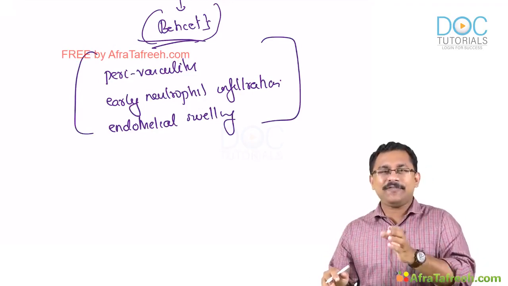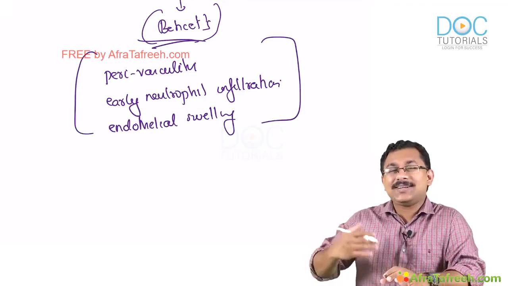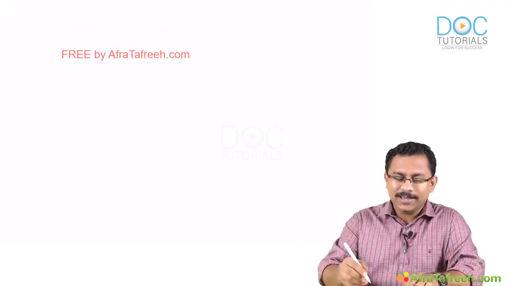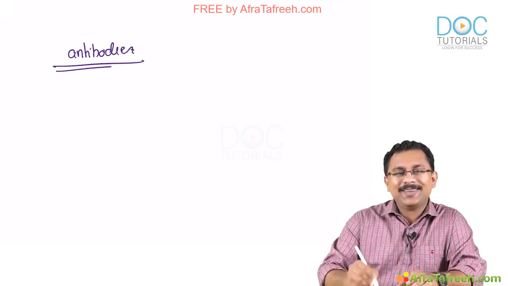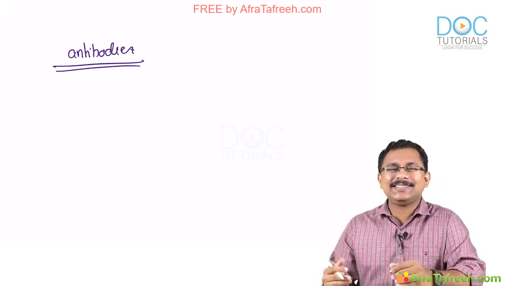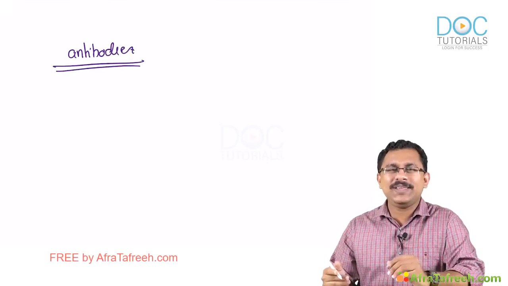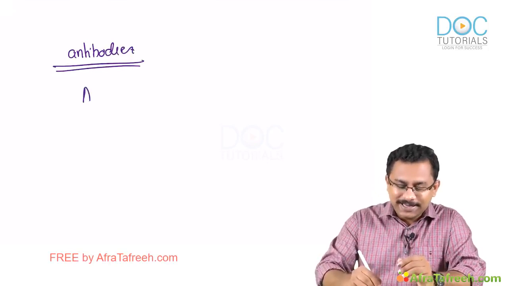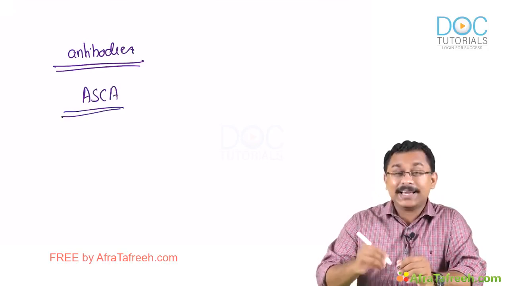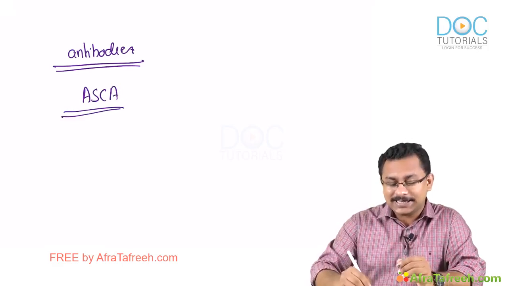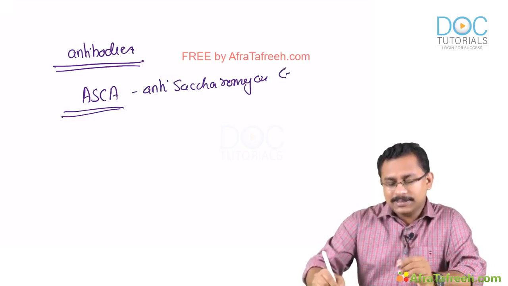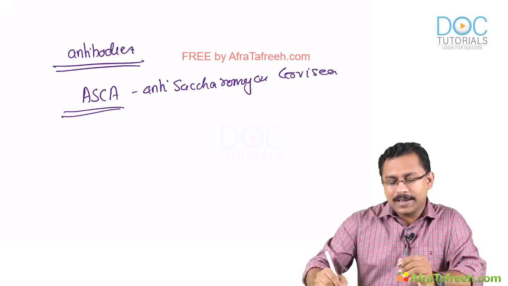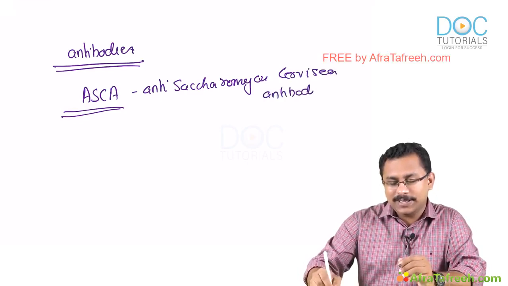And in case of Behçet's disease, you will have certain antibodies as well, and these antibodies are targeted against certain antigens. So just know the names of the antibodies. You have antibodies against Saccharomyces cerevisiae, which is called ASCA, anti-Saccharomyces cerevisiae antibodies, ASCA antibodies.